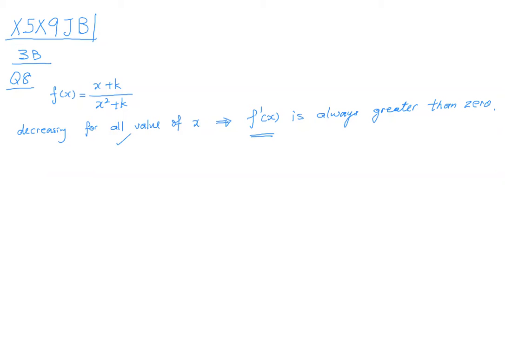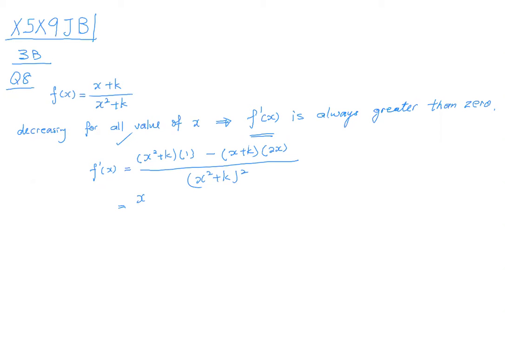Now I get my f prime x using the quotient rule: v u prime, take away u v prime, the whole thing over v squared. So I simplify the top.